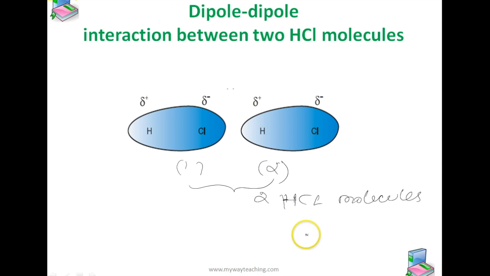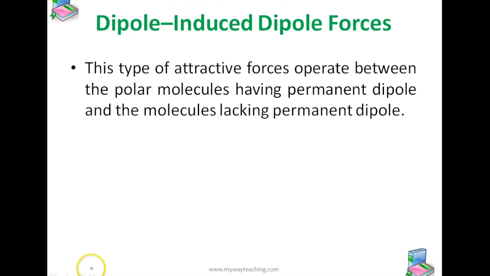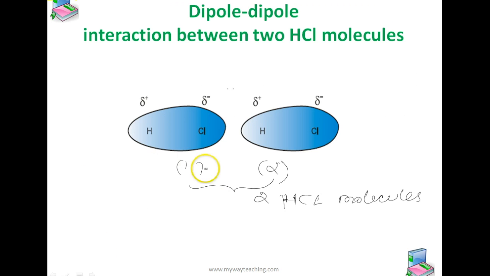molecules present. So this interaction is stronger than the London forces, but is weaker than the ion-ion interaction because only partial charges are involved. Here, between the two molecules, it is stronger than London forces.